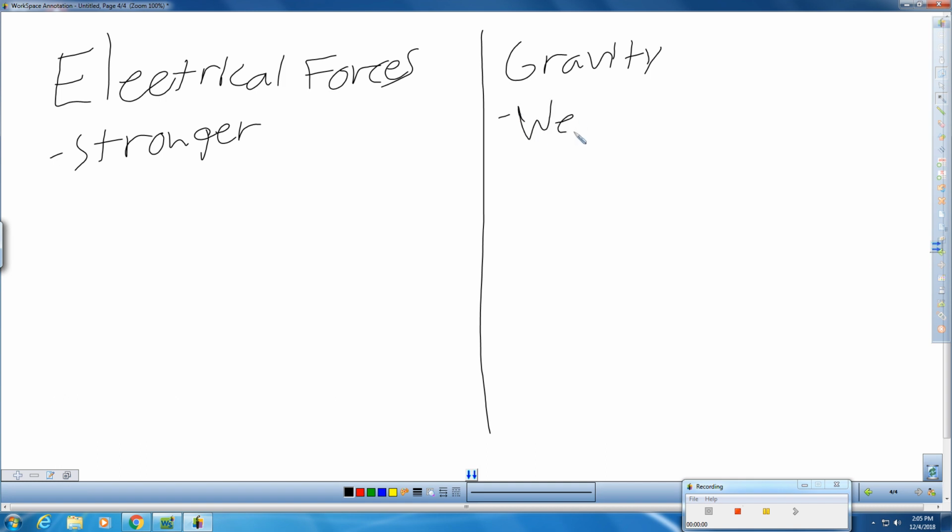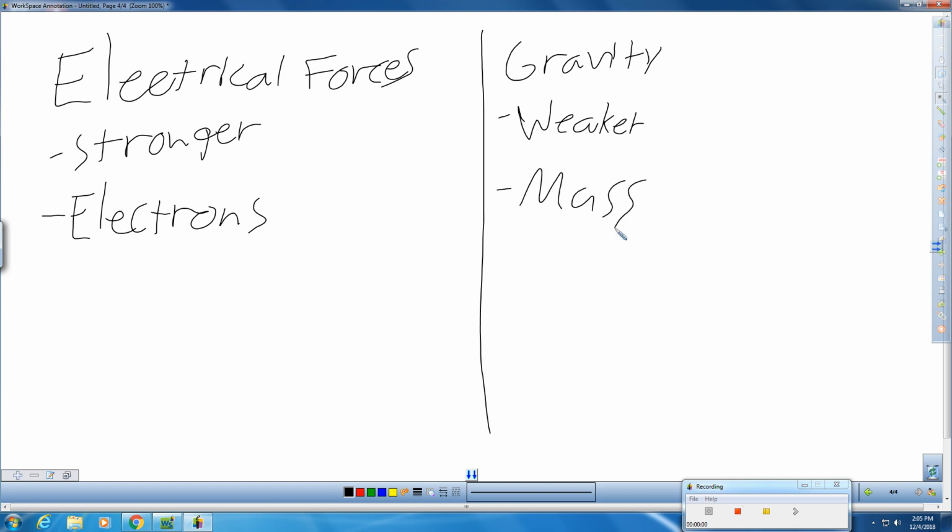Gravity is a lot weaker. Electrical forces are caused by electrons, obviously, because that's what electricity is. And then gravity is caused by mass. So those are some basic differences.